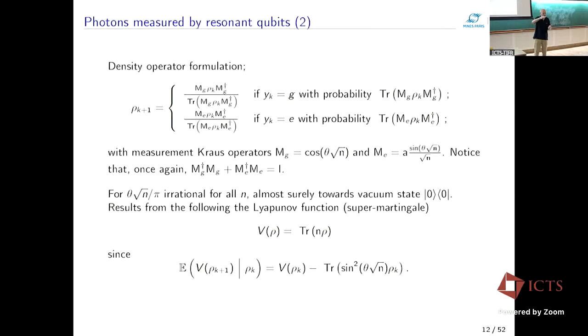If you are below this number, you can only decrease, which means that if you have fewer than n photons, you always remain below. So you have this invariant space, and in this case you have a lot of invariant spaces.